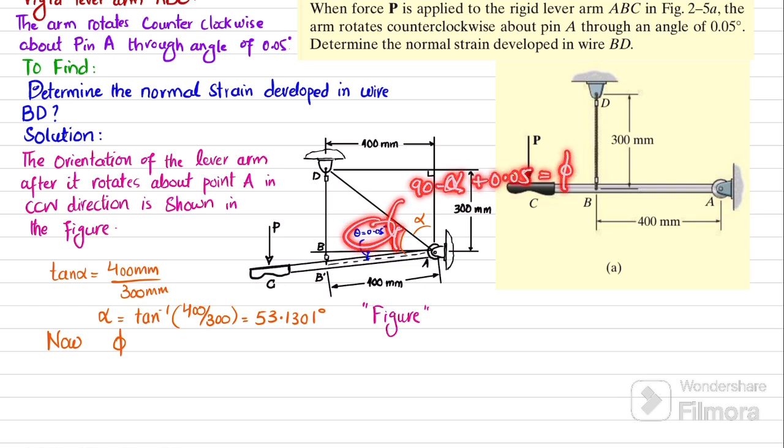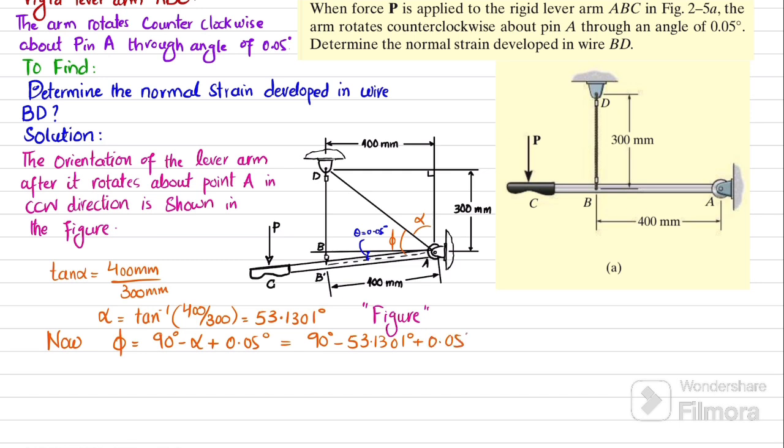So I can write this phi is equal to 90 degree minus alpha plus 0.05 degree. So put the value of alpha: 90 degree minus 53.1301 degree plus 0.05 degree. So we will get this phi angle comes out to be 36.92 degree.